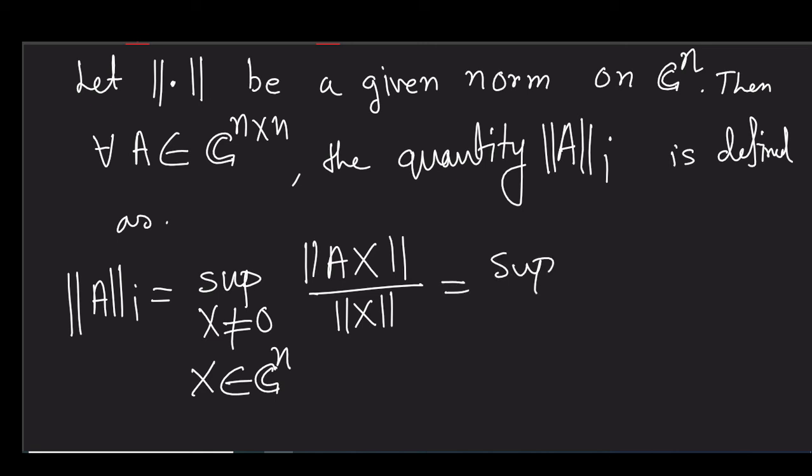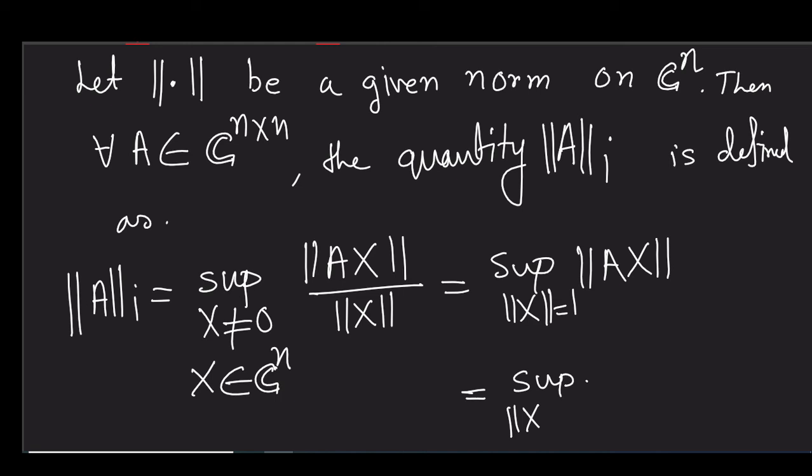Now, if you find a vector for which its norm is 1, then it will become the supremum of ‖Ax‖. So this is equal to the supremum over x with norm equal to 1 of ‖Ax‖.